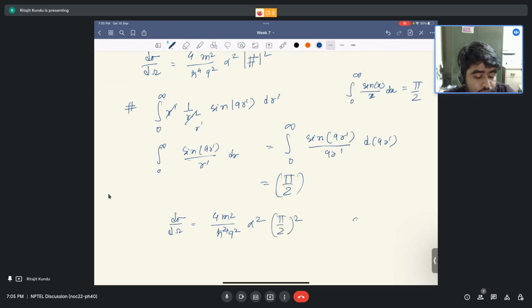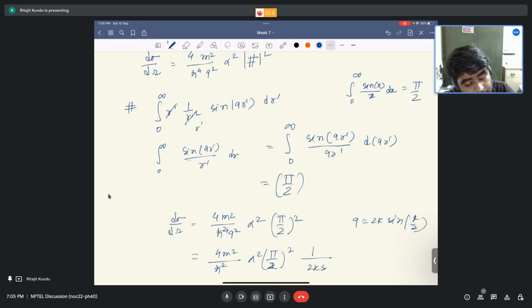Then you will replace q with 2k sin(θ/2), so it becomes 1 over (2k sin(θ/2)) squared.